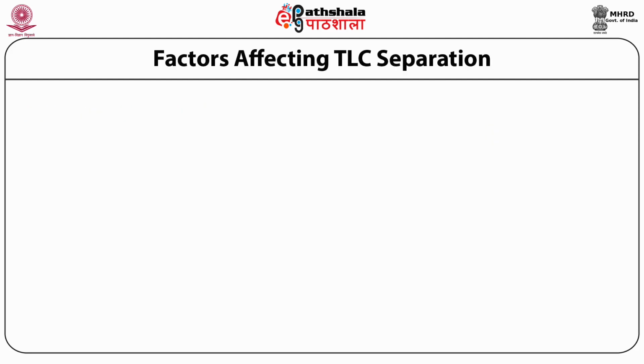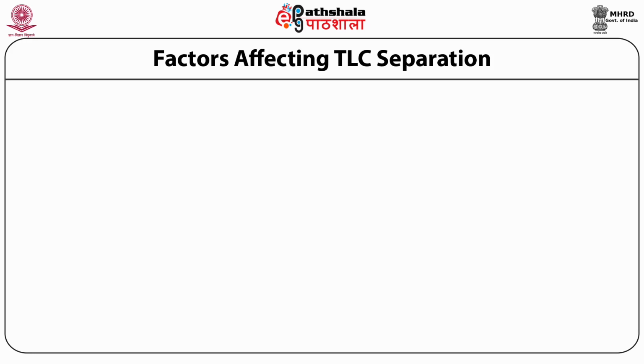As we said earlier, we will have to optimize a lot of parameters before we set out to analyze our actual samples. There are many factors that will affect TLC separation, and some of these come under the category of the optimization of other parameters section, but you ideally want your resolution to be good so that each of your spots that you've separated in a TLC is identified properly, so that it can be either eluted or subsequently analyzed again.